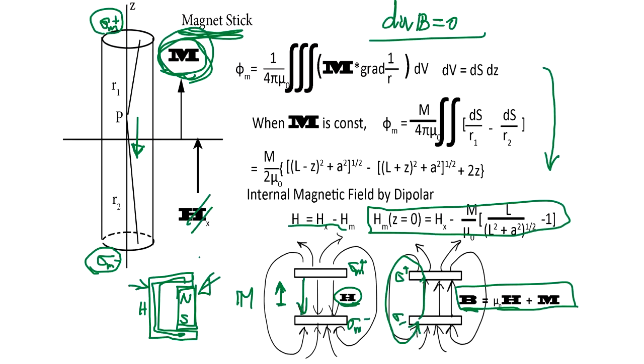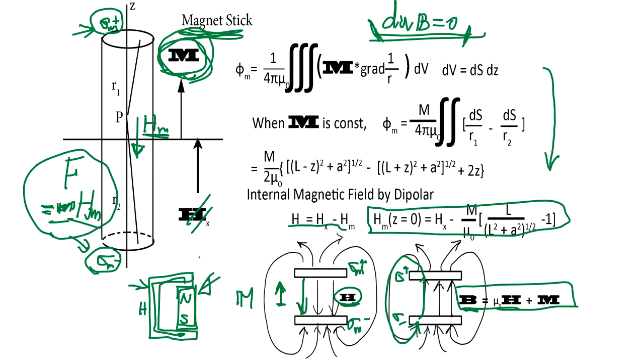It just means there's no effect from the true magnetic charge, but there are plenty of magnetic charges here, and that's why this causes the magnetic field, and that's called force. The force is the same way, magnetic charge times magnetic field.